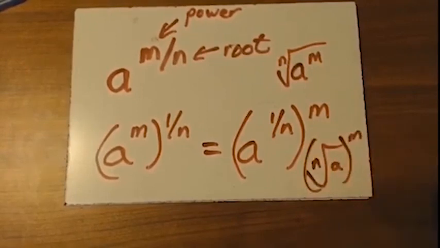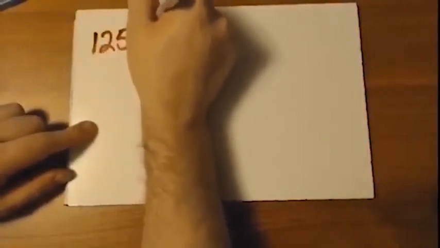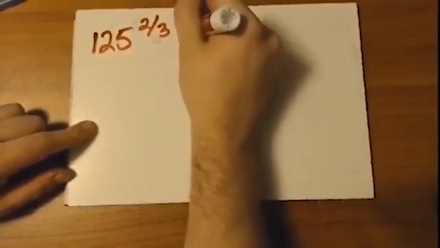Same thing. Sometimes one will be nicer for us than the other. So in example 5a, we have 125 to the 2/3.